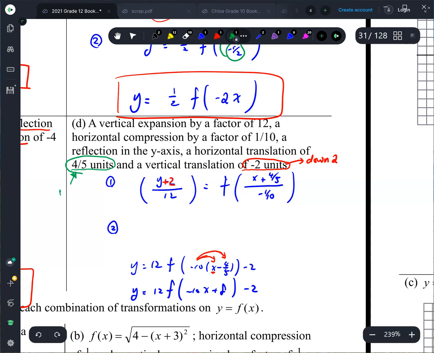Left. No, to the right side. Positive is going to the right. We're talking about positive, negative sign, not add and subtract. That's different things. Okay, a positive number means moving to the right. In the story form, we think about add and subtract. So if I want to have moving to the right 4/5, it should be x, add or subtract? Subtract. So you should change that to subtraction.